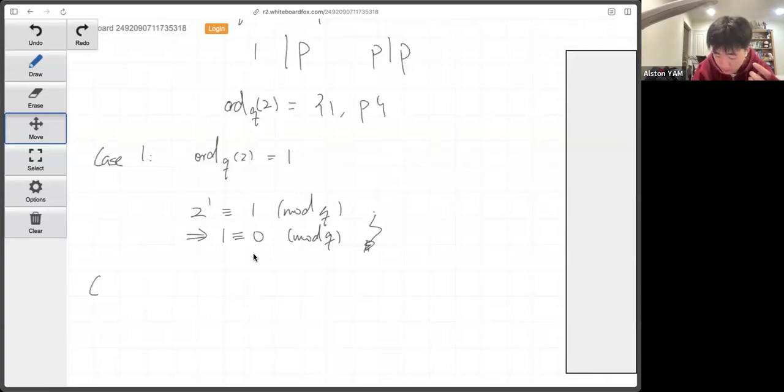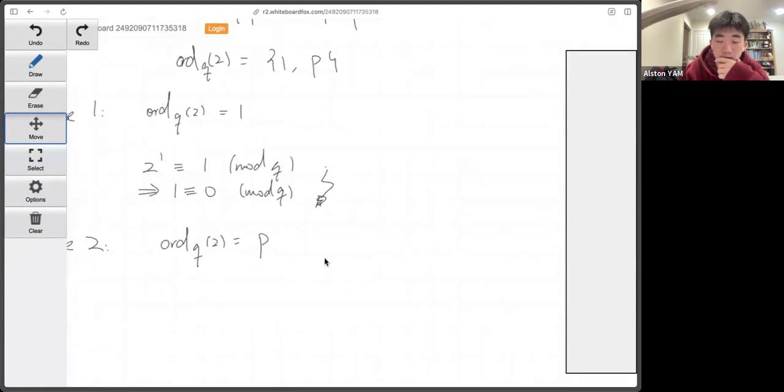So let's go to case 2. The order of 2 with respect to q is equal to p. That is our second choice, right? So how might we want to go from here?